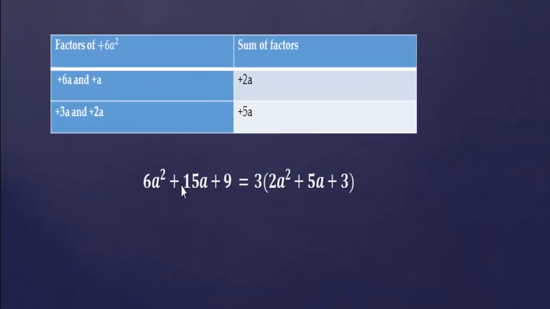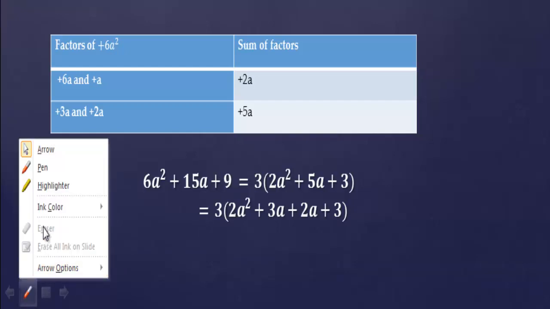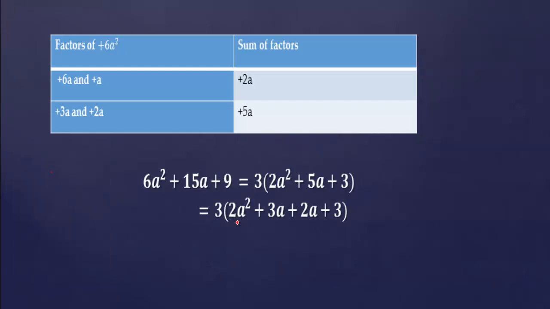Now 6a squared plus 15a plus 9 equals, the 3 is already outside, and we close the bracket. That is what we have gotten here. Are you seeing now? Then we have gotten the factors plus 3a and plus 2a.